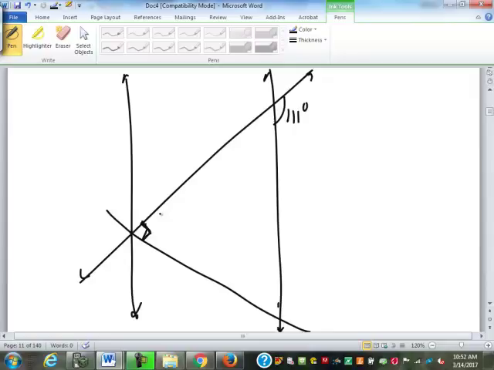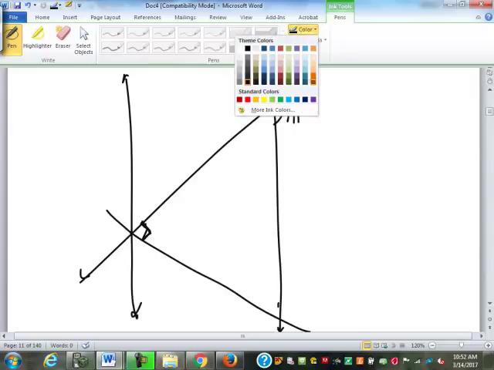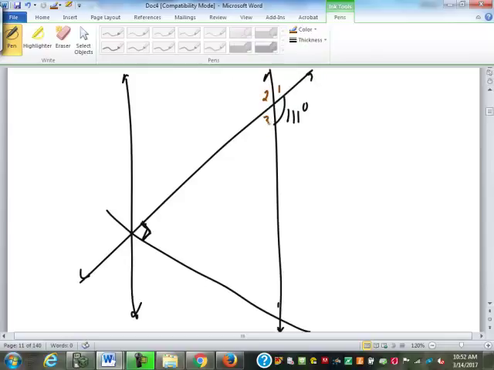I know it doesn't look like one, but I should have drawn this one horizontally instead of vertically. Find those other 12 angles.